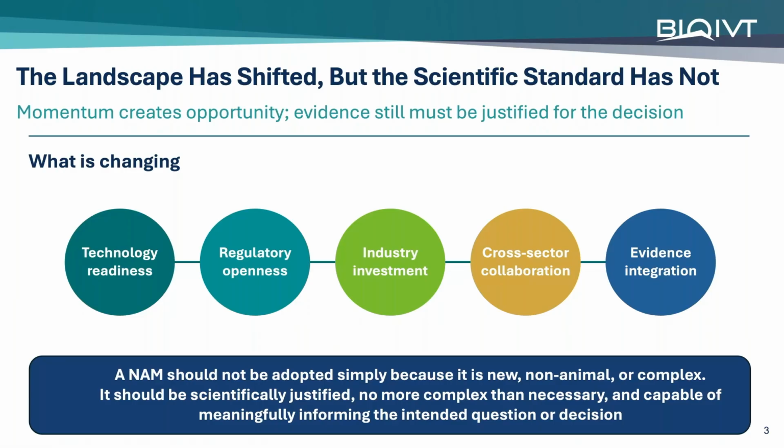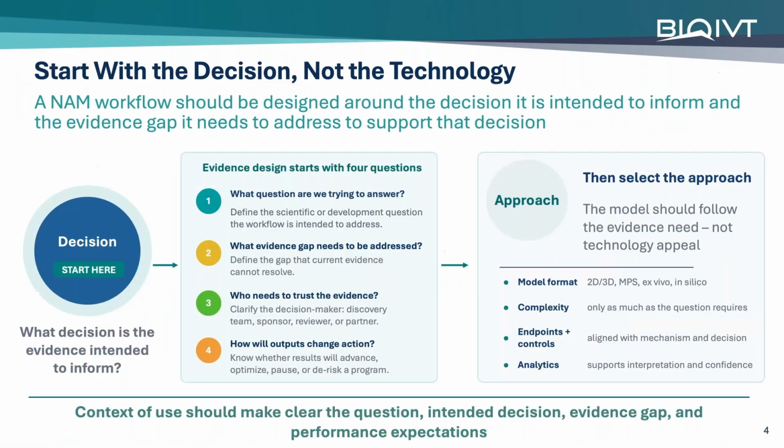That brings me to what I think is one of the most important principles in NAM implementation, and that's start with the decision, not the technology. It sounds obvious, but in practice, it's very easy to do the opposite. A new platform becomes available, we see a compelling publication or conference presentation, we're interested in the technology, and the first conversation becomes, where could I use this?